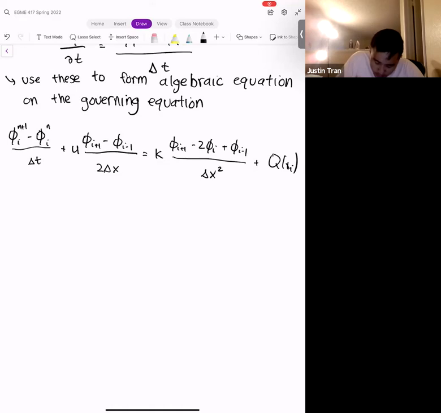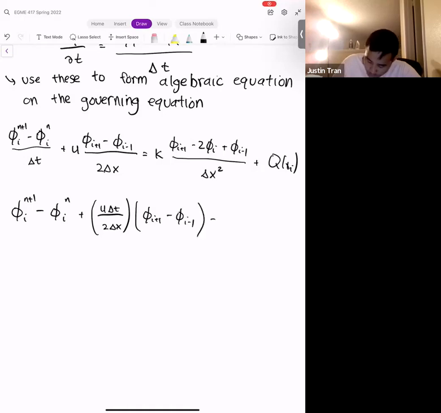And so if we multiply both sides by delta t, then we get phi i n plus 1 minus phi i n plus, all right, I'm going to pull the two delta x out from the denominator, and so we have a u delta t divided by 2 delta x, okay, multiplied by phi i plus 1 minus phi i minus 1, okay, is equal to, again, I'm going to pull out the k delta x squared from this expression, okay, and we have our delta t.